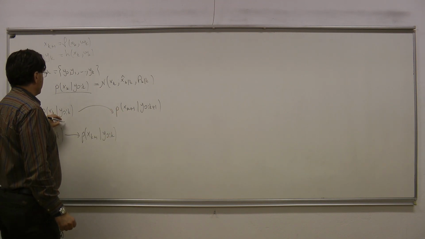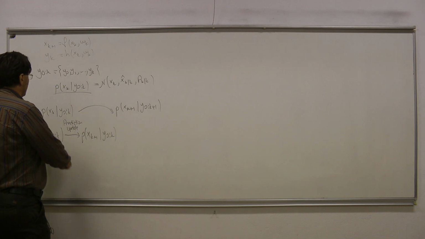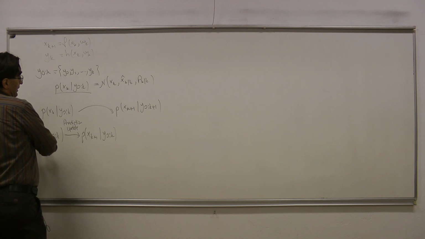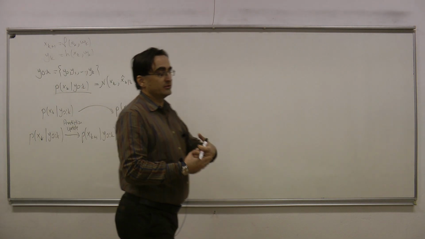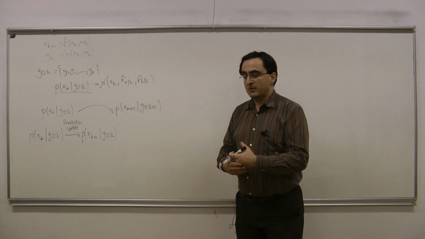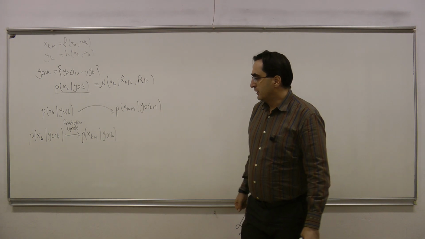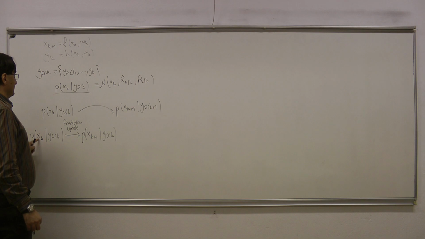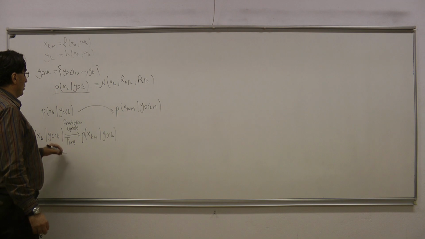This step is called prediction update. No measurement has come, but we advance the time from k to k+1. So, knowing the measurements until time step k, I'm trying to predict the state at time k+1. This is why it's called a prediction update. And sometimes, because we advance time in the state, this is also called time update.